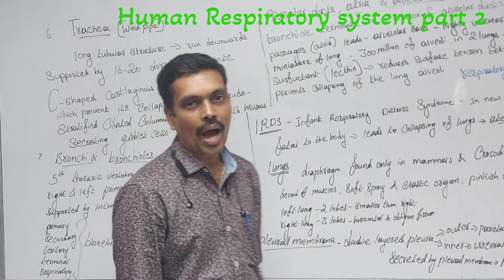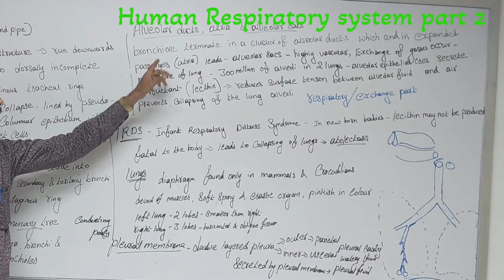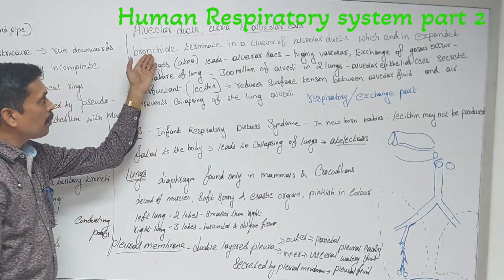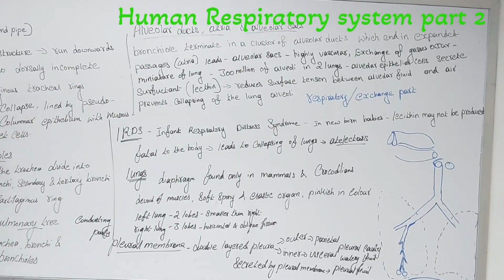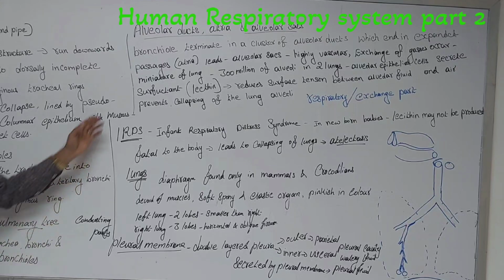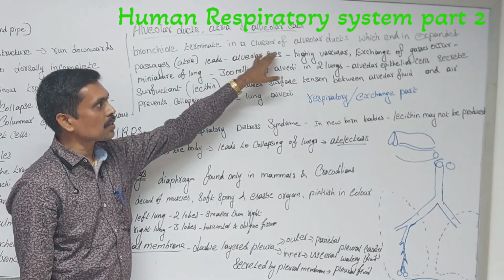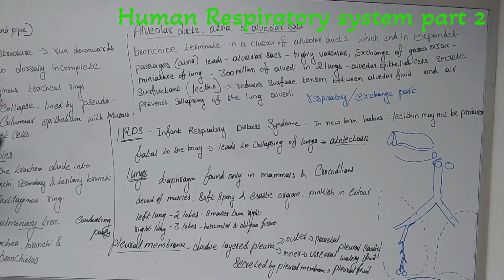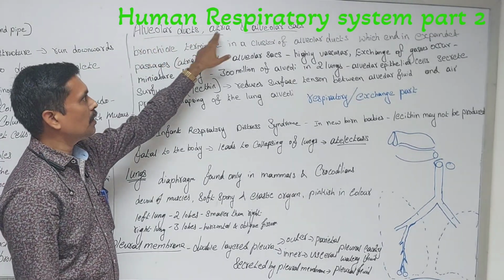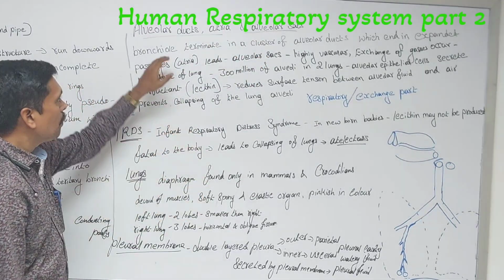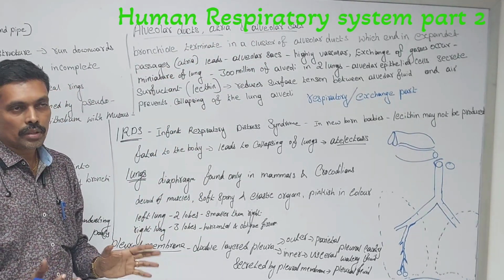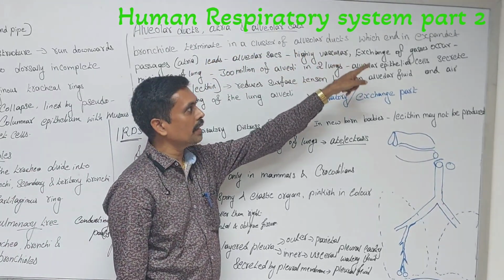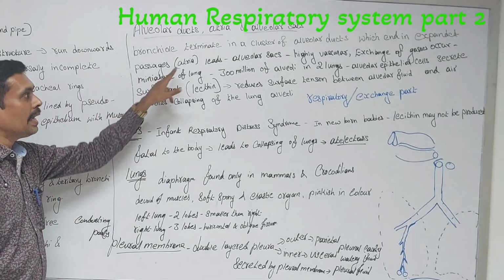Then next we go to the alveoli. The next part we call the alveolar duct, atria and the alveolar sac. The terminal bronchioles, that is the last bronchioles, end in a cluster of alveolar ducts, which end in an expanded passage known as atria.